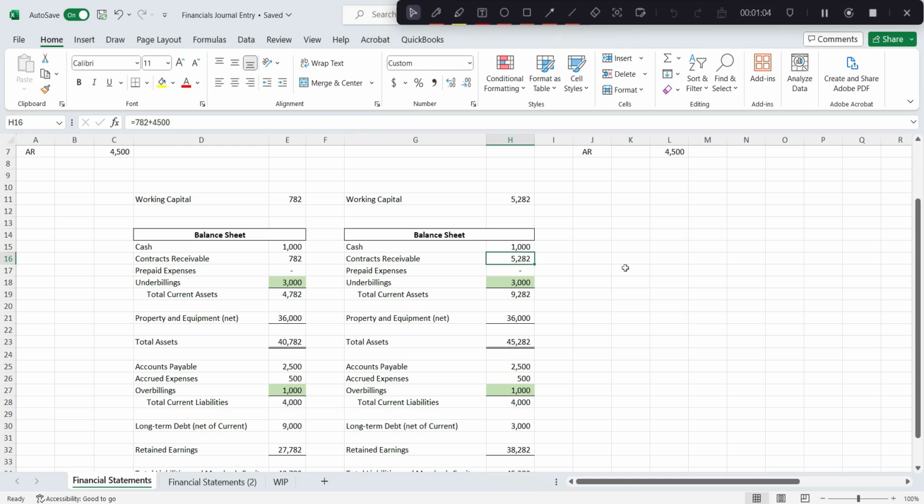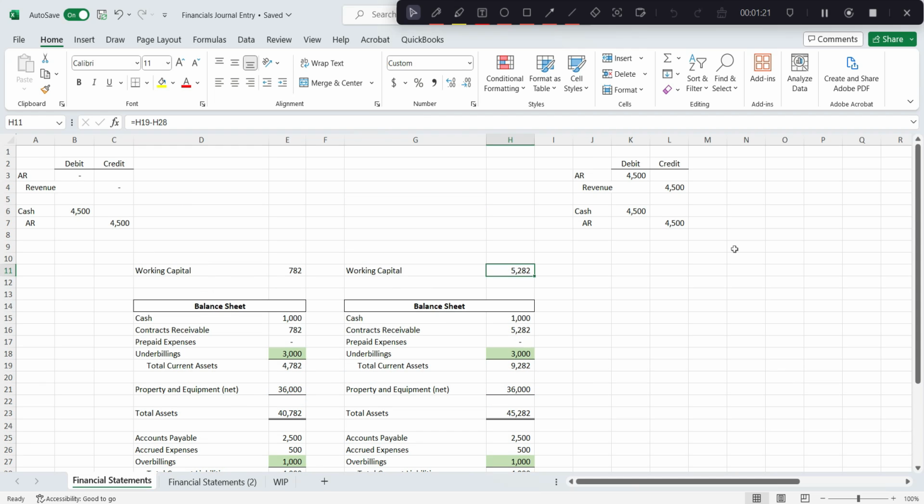Look at the receivable balance: $5,282, giving us total current assets of $9,282. Versus the $4,000 in current liabilities, that's $5,282 in working capital. Huge difference here because we corrected it.